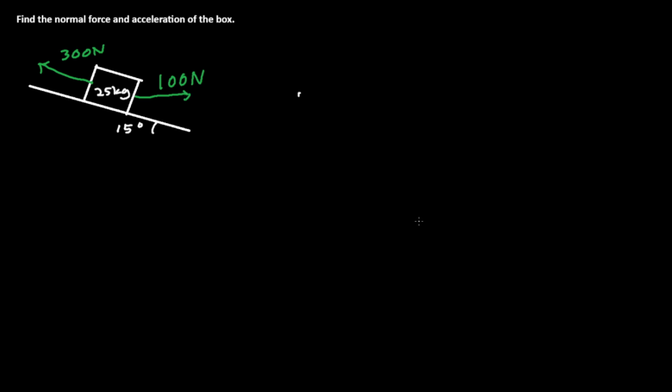So let's draw the free body diagram first. So the free body diagram has our weight force. We have the 100 newtons going straight to the right. And I'll just write 100 newtons for that. And we have our 300 newtons going parallel to the plane.